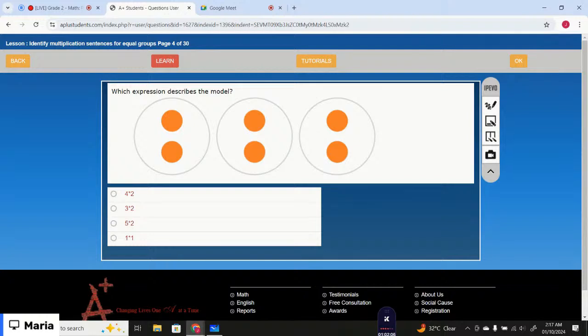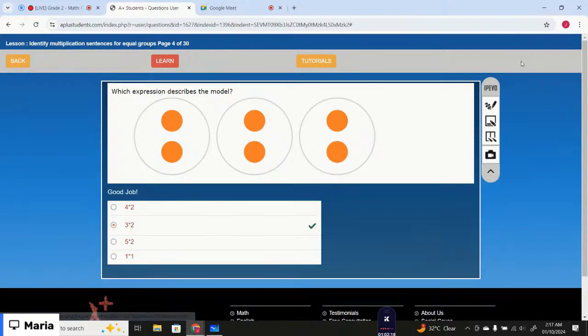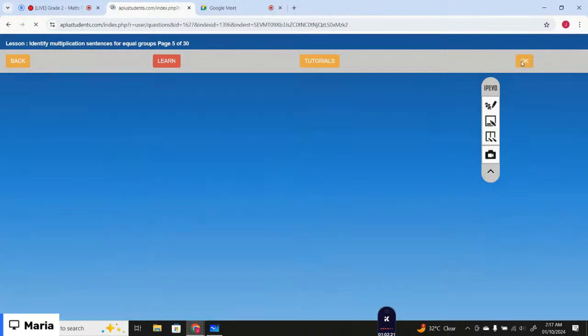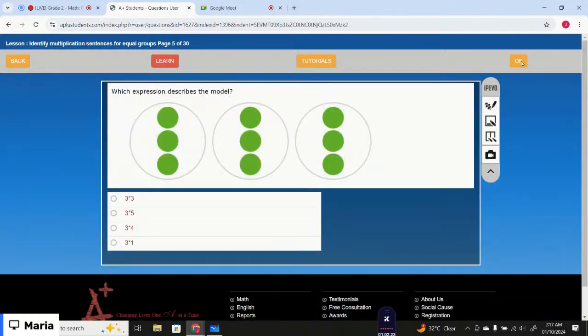Why 4 times 2? You have 3 circles, right? And in each you have 2 dots. That is 3 times 2. The next one is, which expression describes the model, which is the correct option?